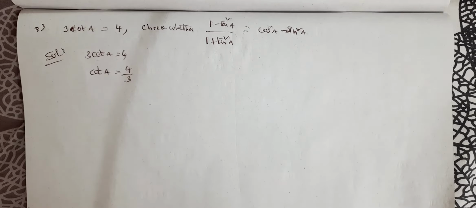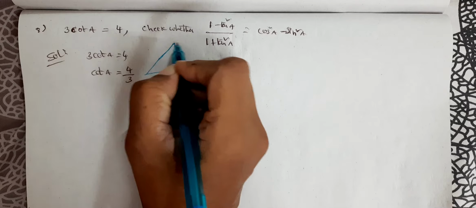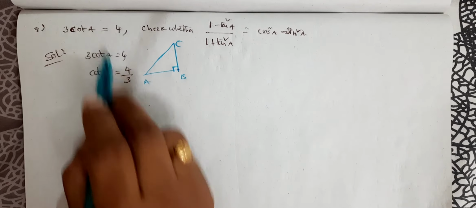Okay. So now for this one, we are going to draw the triangle. A right angled triangle. Let us name it ABC, because A is given to us, I am using that name. Cot A. What is cot?